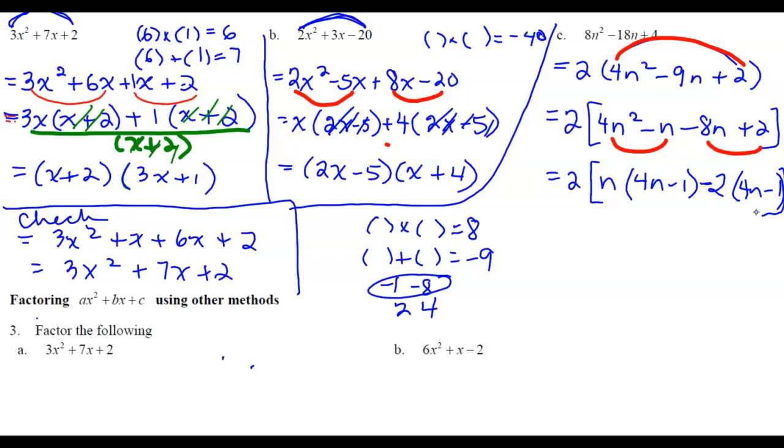What happened? Okay, so then you fix that error, or you check back in your two numbers, but these brackets have to be the same. So now, again, I copy out the 2, I copy out the bracket that's the same, and then what's left when I divide by that common factor, remember those go away, I'm left with n minus 2 in my other bracket.